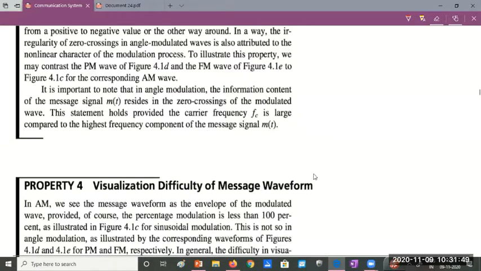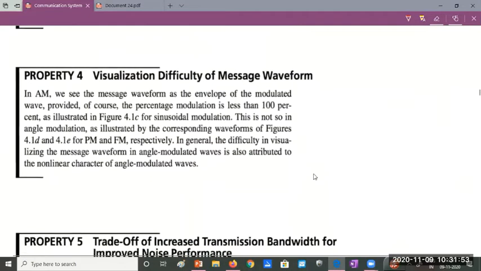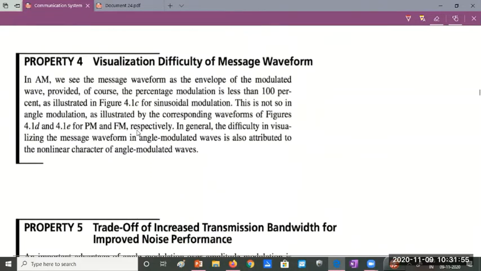The other property is visualization difficulty of the message waveform. Naturally, it is not as easy as amplitude modulation. It is quite difficult to visualize the message waveform, especially when we consider phase modulation. At least in frequency modulation, I can directly write the frequency in proportion to the message amplitude.